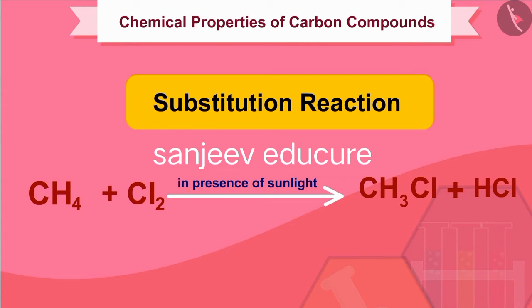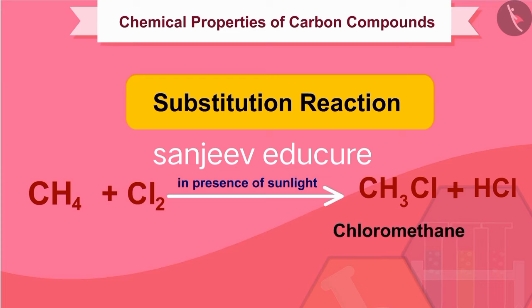A number of products are usually formed with the higher homologues of alkanes. In this given reaction, only one hydrogen atom of methane has been replaced by chlorine atom and we get chloromethane.